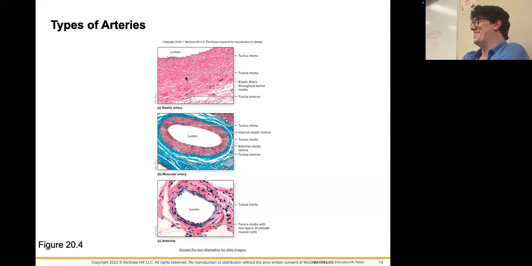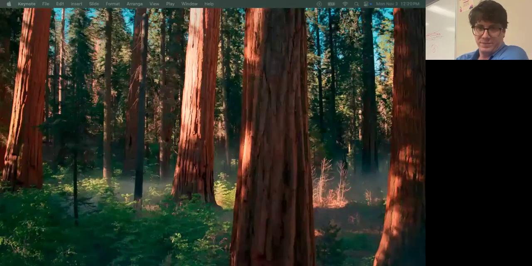It's literally 5 times the size, if not bigger. It's also huge. And see all those little tiny black lines running through there? See how it's kind of dark? That's all elastin working all the way through here. This one, you have a separate band of elastin here and a separate band of elastin here. Here, let me just blow this up and make it a little easier to see.